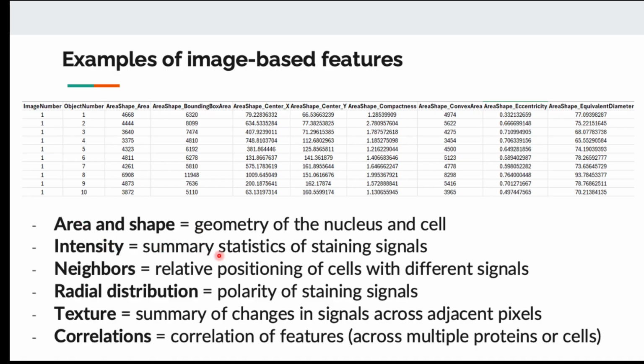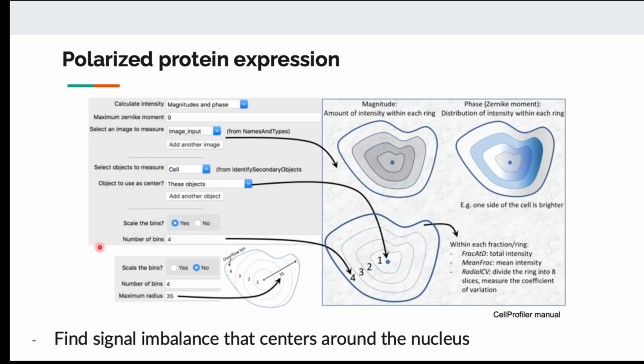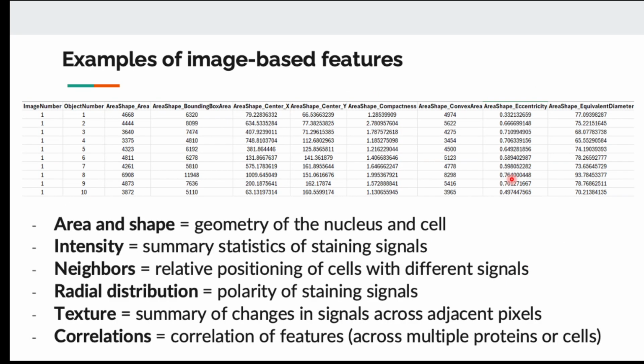And if you have a staining of proteins or RNA, it can describe the intensity, the average intensity, the radial structure of the intensity. It can also describe the polarity of the intensity using this idea. So you're going to be able to produce many numerical descriptions of a single cell in the image.